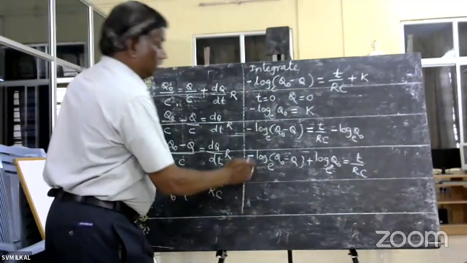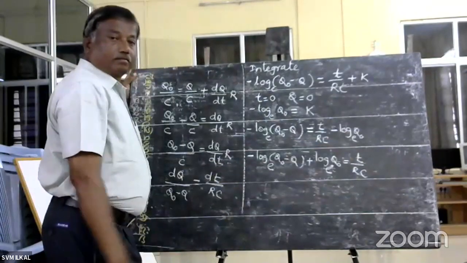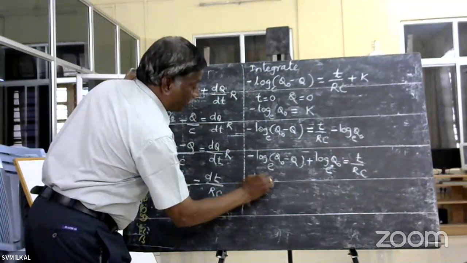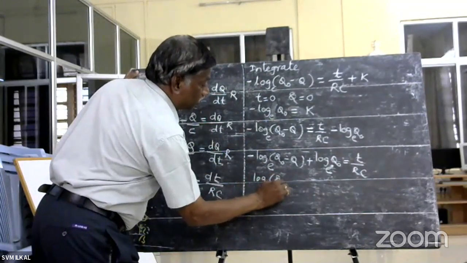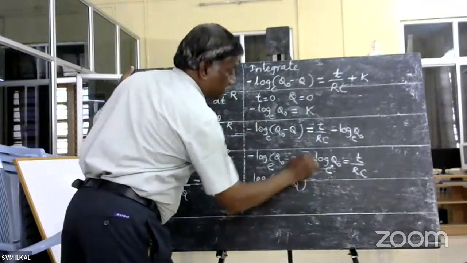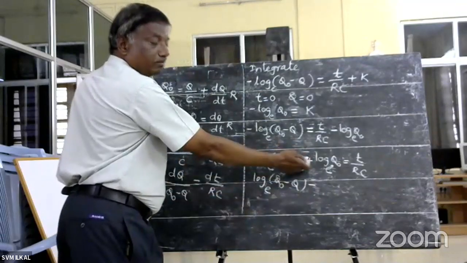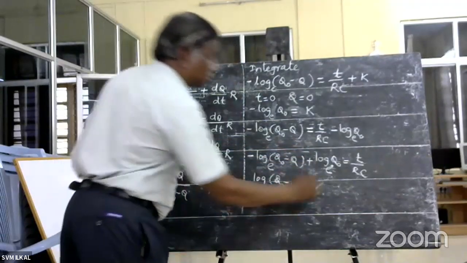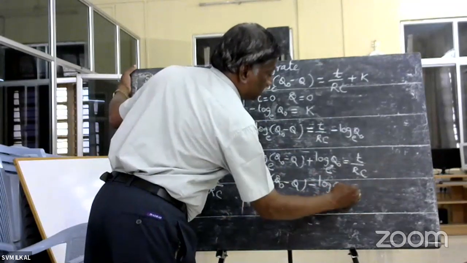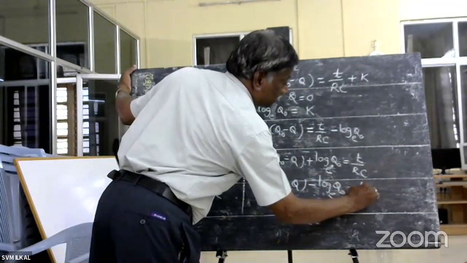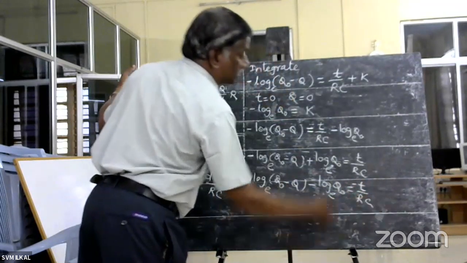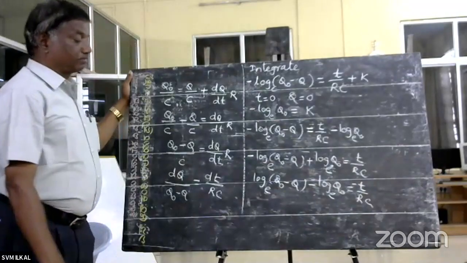Now, multiply by a negative sign to this equation. Minus of minus is plus, so log of (Q naught minus Q) to the base e, plus becomes minus when you multiply by minus, log of Q naught to the base e is equal to minus t by RC, because you are multiplying this minus sign on both sides of the equation.